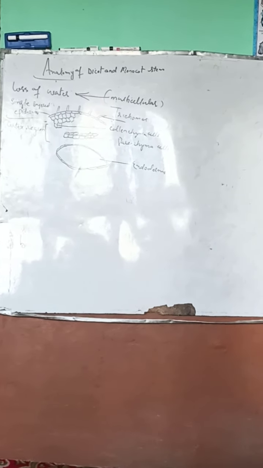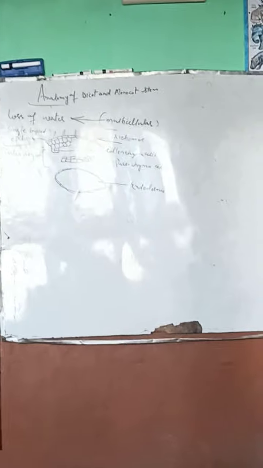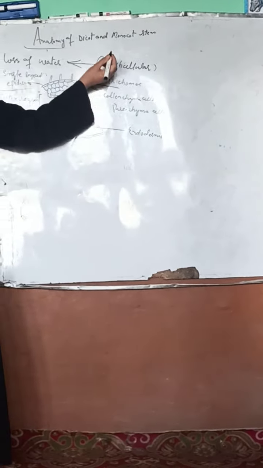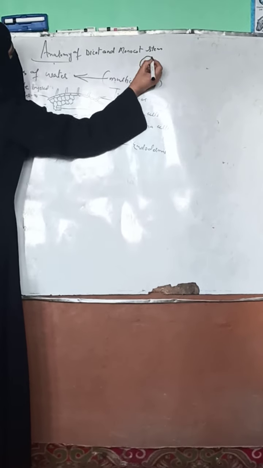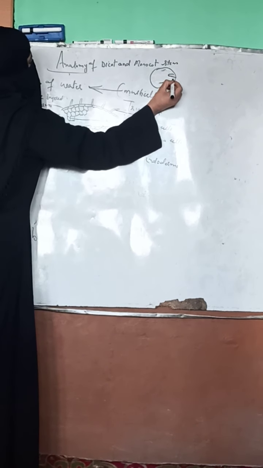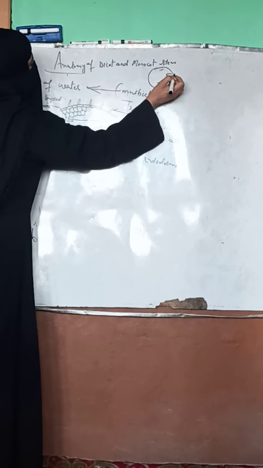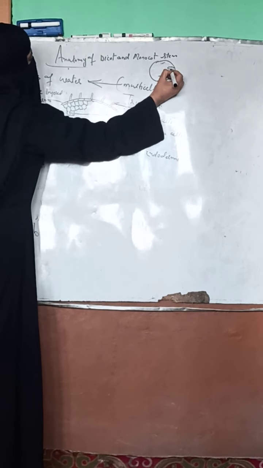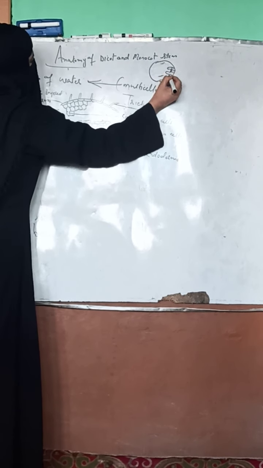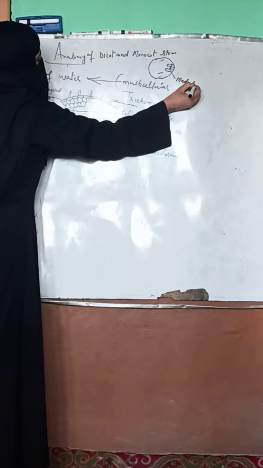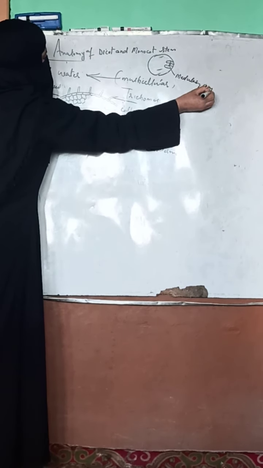I forgot to tell you that in case of vascular bundles, there is a ray which extends from one vascular bundle from cambium to another. It is called medullary ray.